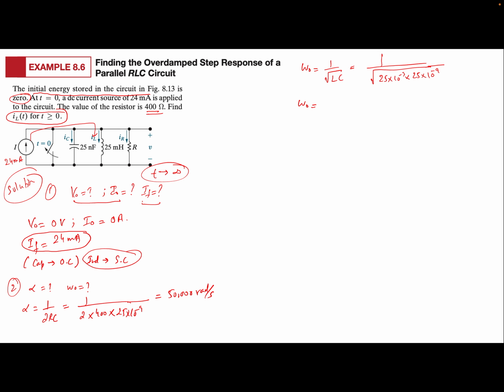Your value of omega naught comes out to be 40,000 radians per second. So as I can see, my value of alpha is greater than omega naught, so alpha squared should be greater than omega naught squared, practically. This means that I am going to have an overdamped response.